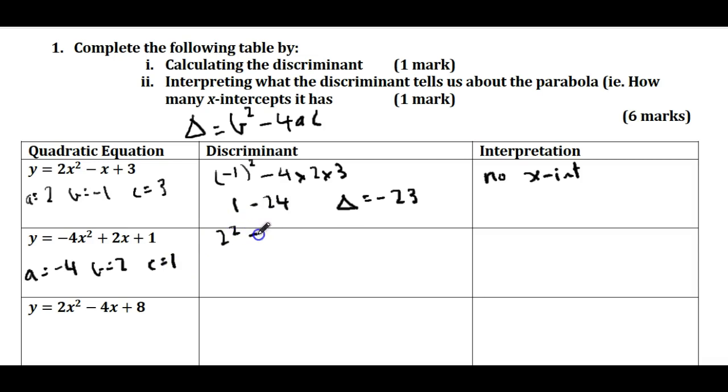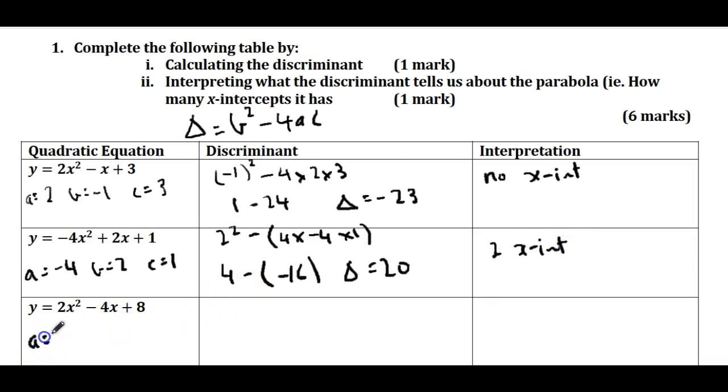So we have 2 squared minus, and I'm going to use brackets here because A is a negative number. So 2 squared is 4. 4 times -4 is -16 times 1. So 4 plus 16 is 20. So we have 2 x-intercepts.